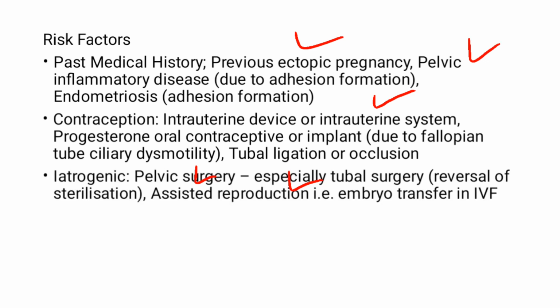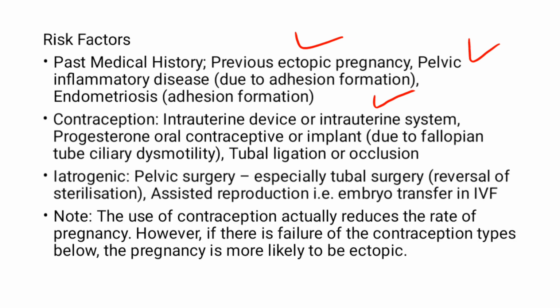Okay, then for iatrogenic, we can have pelvic surgery, especially tubal surgery or reversal of sterilization. Also assisted reproduction, that is embryo transfer in IVF.